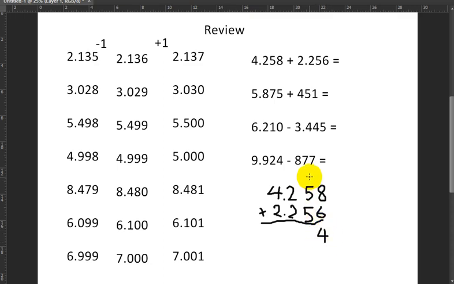All right, 4, carry 1. 1 and 5 makes 11, so I write 1, carry 1. 1 and 2 makes 3. 4 and 2 makes 6. So my answer here is going to be 6,514.